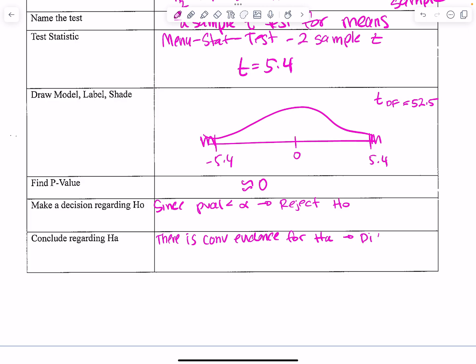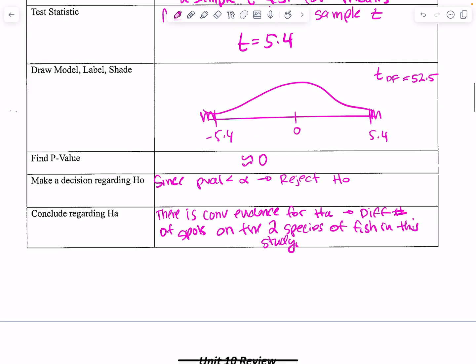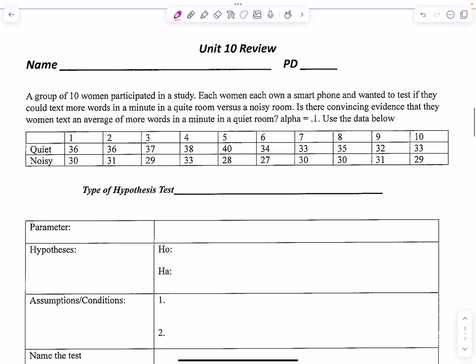That there's a different number of spots on the 2 species of fish in the study. Okay, and that's it. And the last one is a group of women participated in the study.